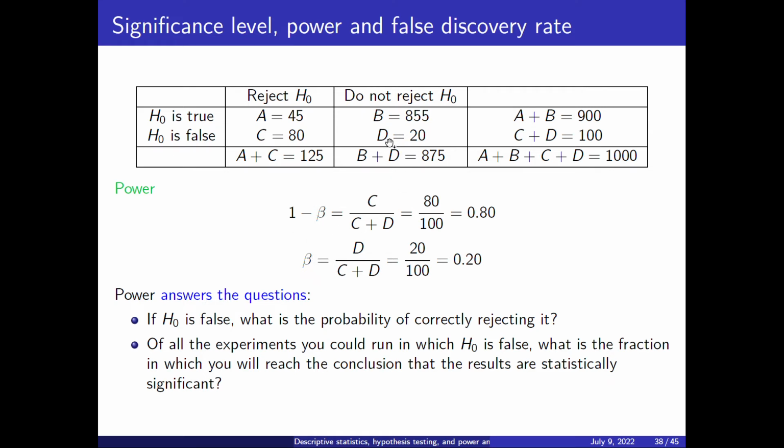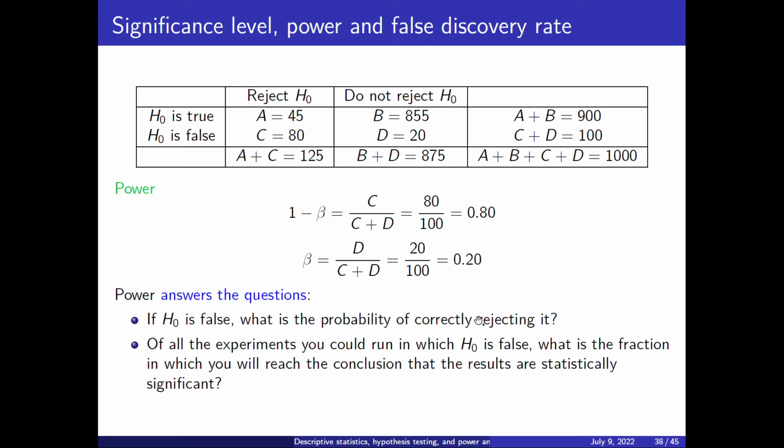Beta is the probability of false negative. So this is a false negative. So the null hypothesis is false, but I don't reject it. So that is a false negative, and that happens 20% of the times. Okay, so the statistical power is, if the null hypothesis is false, what is the probability of correctly rejecting it?